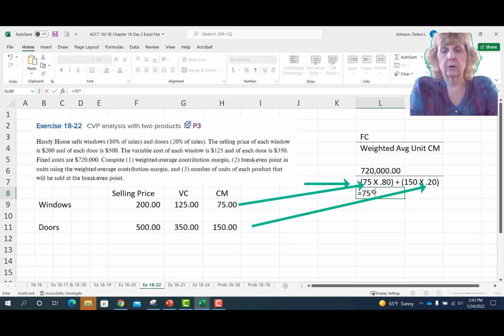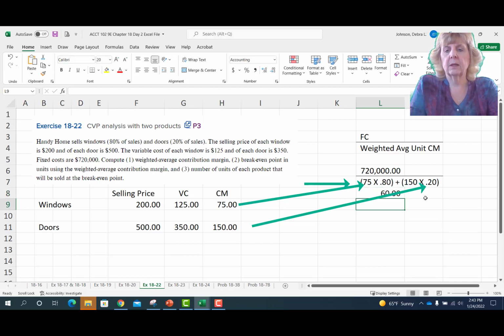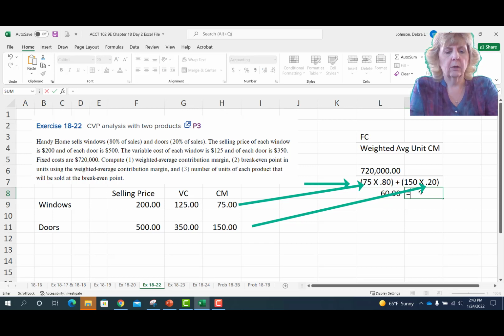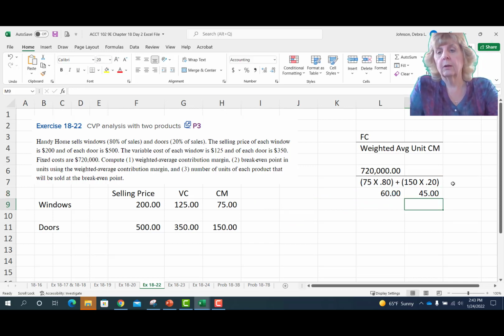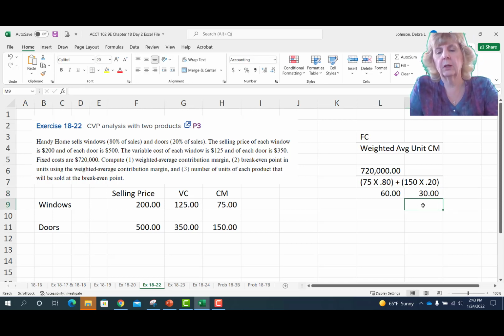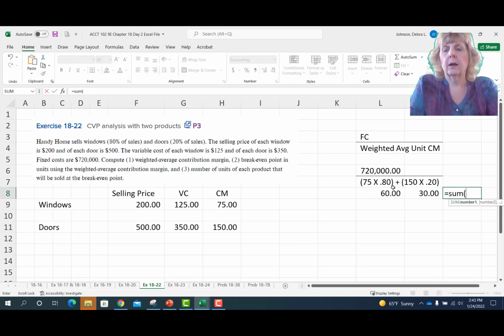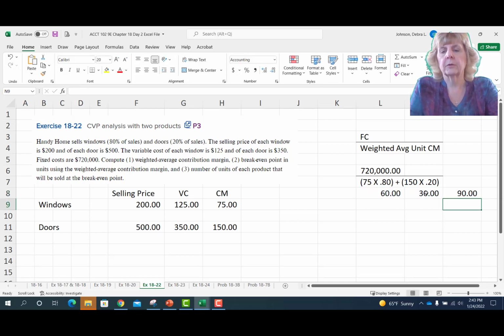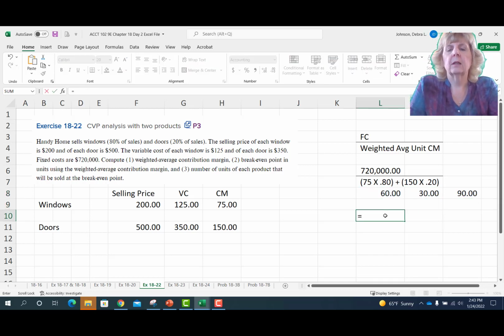So $75 at 80% would give me 60, and 150 at 20%, that looks better, would give me $30. And when I add those two up, I have a weighted average contribution margin of $90. Let's go ahead and put that in the calculator.